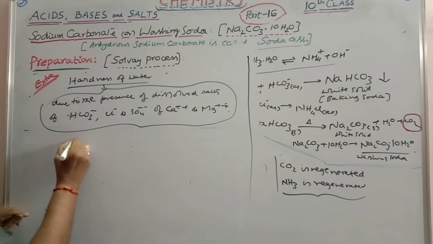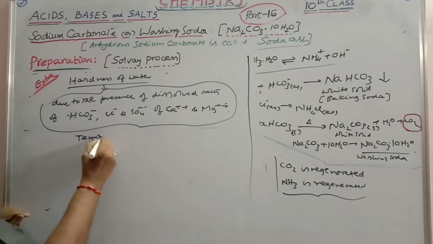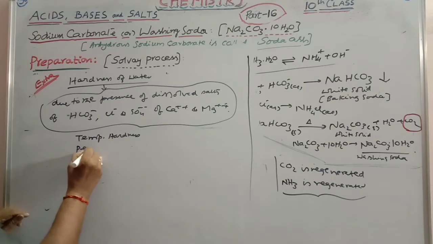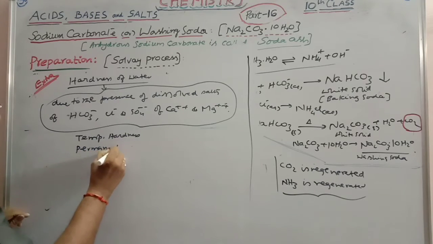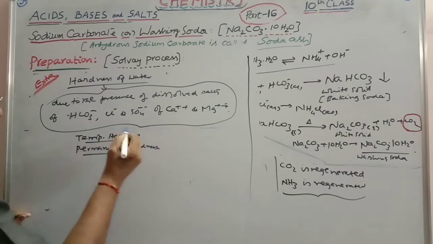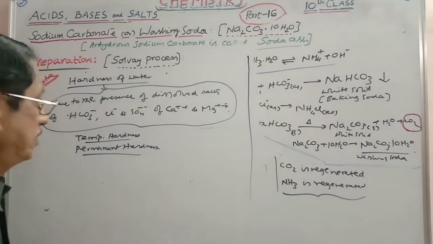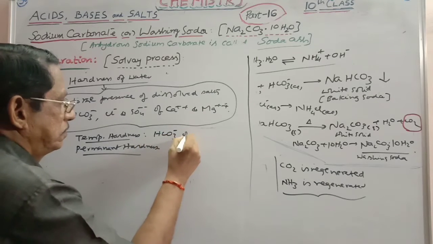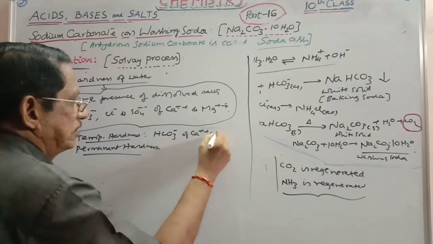There are two types of hardness: temporary hardness, permanent hardness. Temporary hardness, why is it so? Bicarbonates of calcium and magnesium.